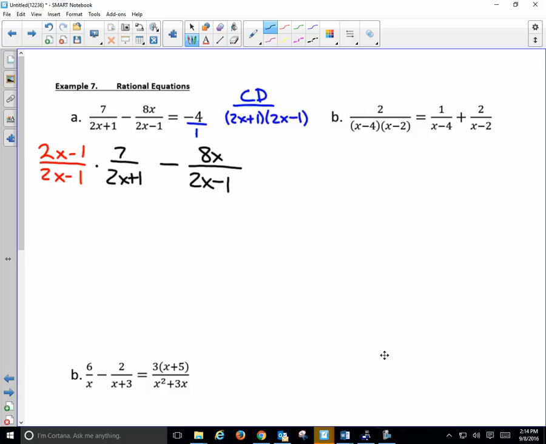A 2x plus 1. Now this one just has a 1 in the denominator. What would I have to multiply it by? 2x plus 1 times 2x minus 1.